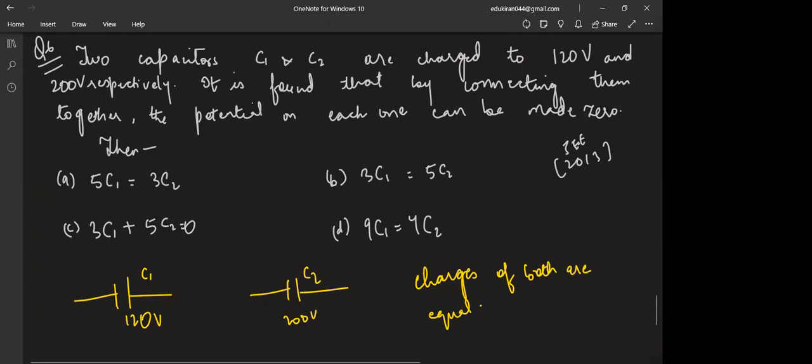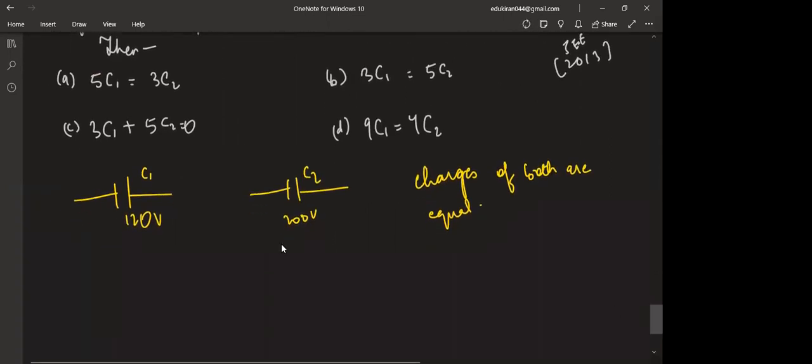So what is charge 1? Charge 1 is 120 C1 and charge 2 is 200 C2. So 3 C1 is equal to 5 C2. Option A or B? B. B option is right. Note it down.